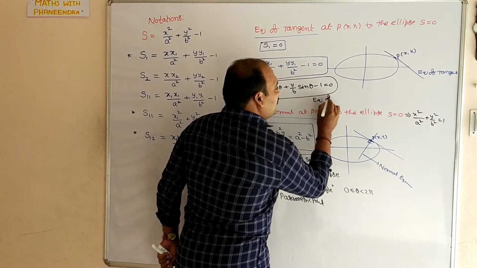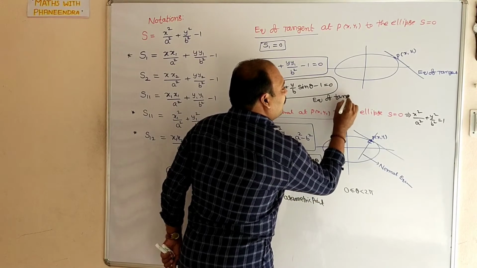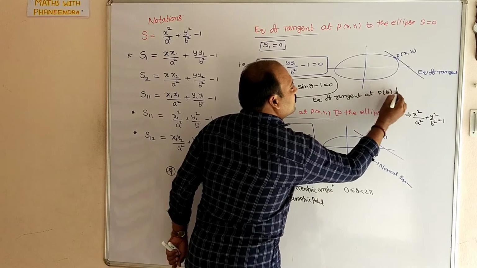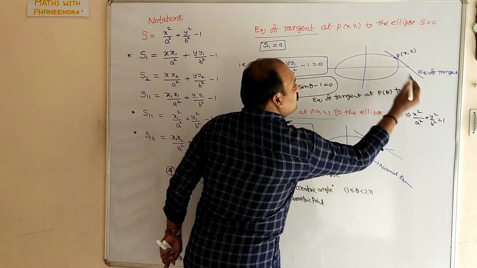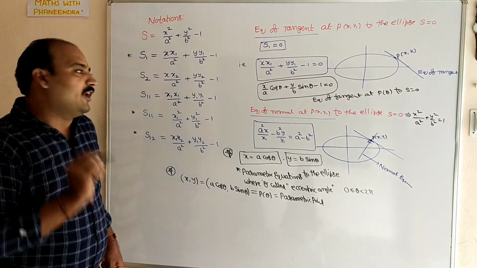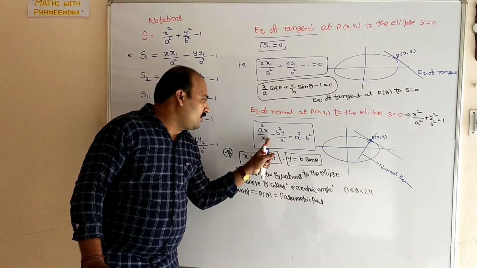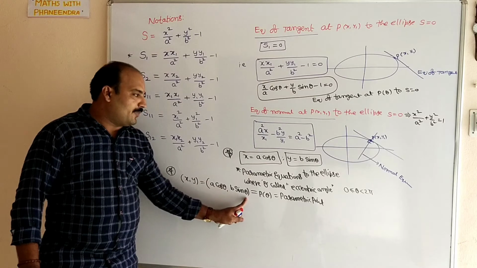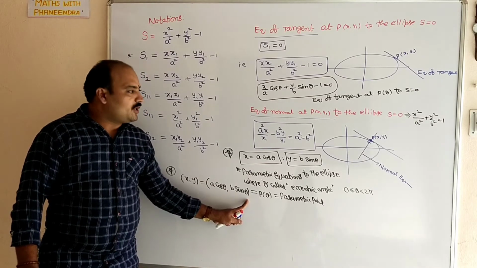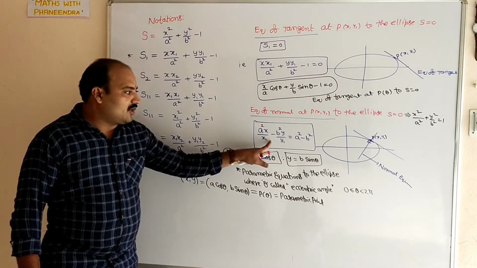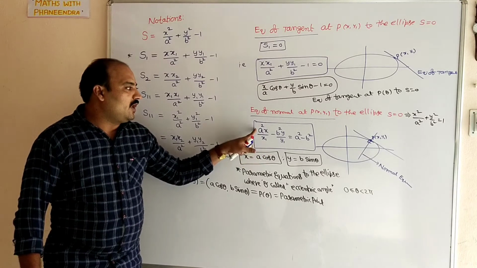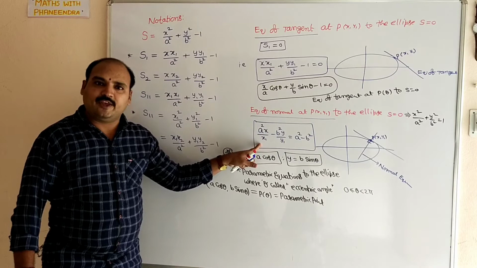Equation of tangent at p of theta to the ellipse S equal to 0. In the same way, wherever x1, y1 is there, you have to replace with a cos theta, b sin theta. So if you substitute, one of the a cancels, so ax by cos theta will come there.